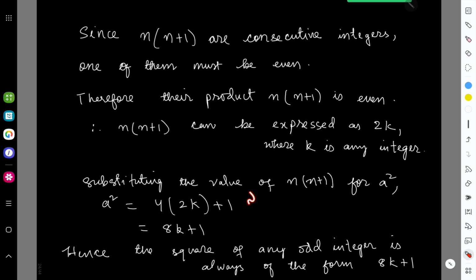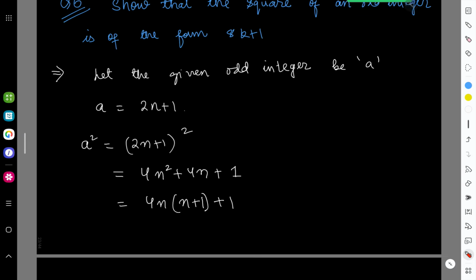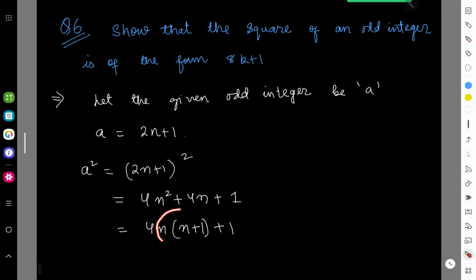Now, substituting the value of n times n plus 1 in a square, we get 4 times 2k plus 1. In place of n times n plus 1, we have substituted 2k here.